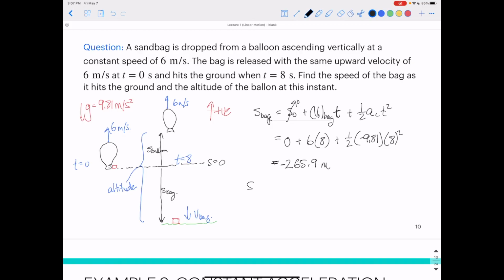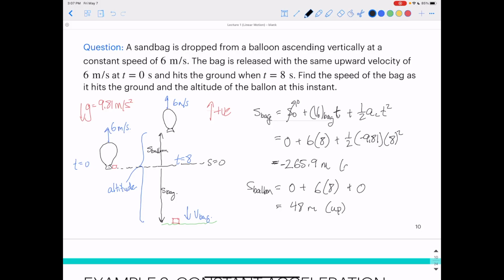So s of our balloon is equal to s0, which is 0, plus the velocity of our balloon, 6 meters per second times 8 seconds, and our last term is just 0 because the acceleration is 0. So we're left with s of our balloon being 6 times 8, which is 48 meters. And we can write up.